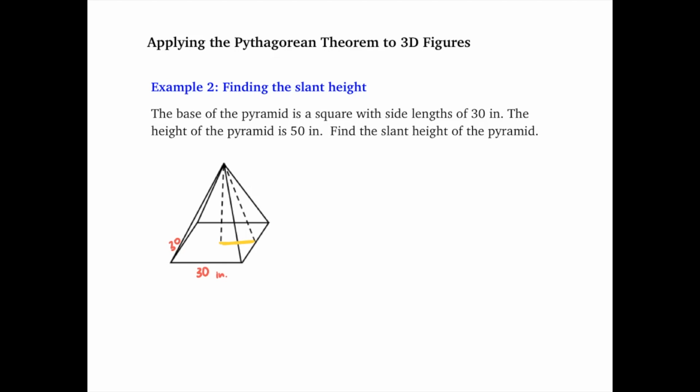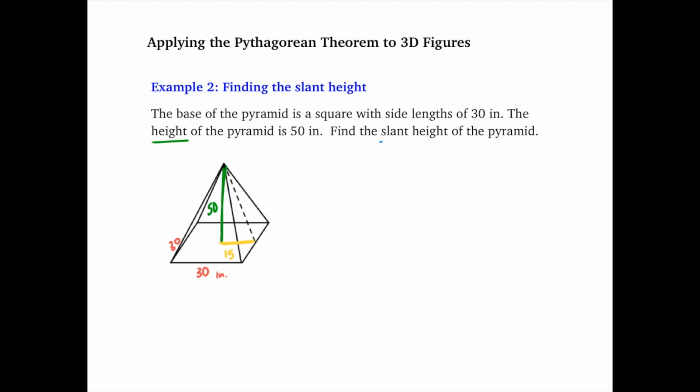We couldn't say something like a radius for this problem because a square doesn't have one. A lot of times they're going to give you that full distance and you'll have to remember you're only going to use half of it. So if the side length is 30, the piece that I need is really 15. Then it says the height of the pyramid is 50, so that inside vertical height is 50 inches.